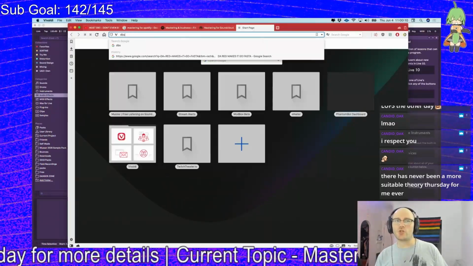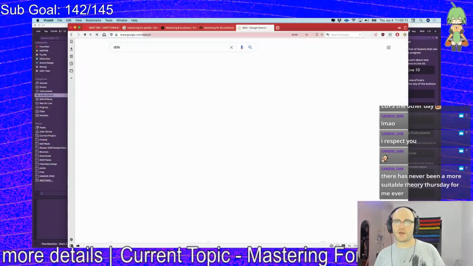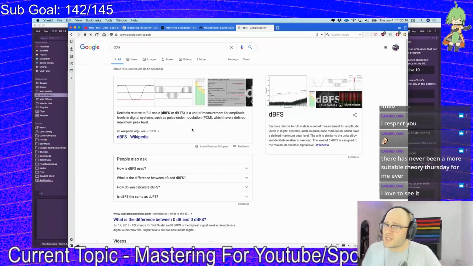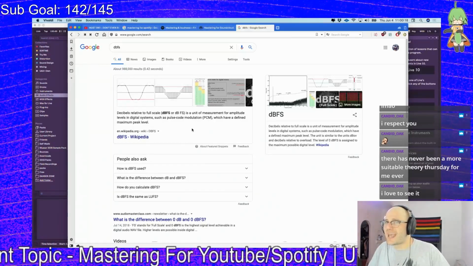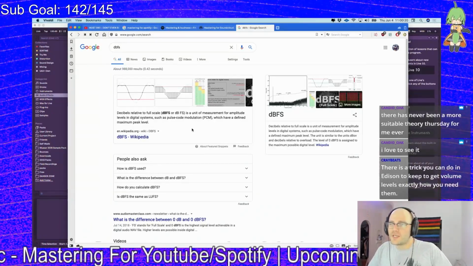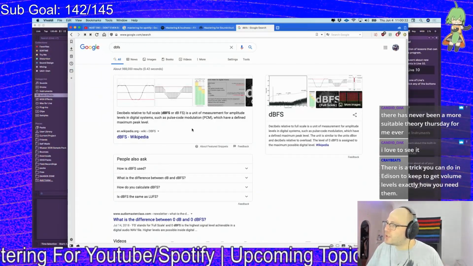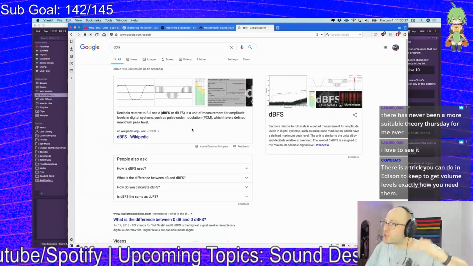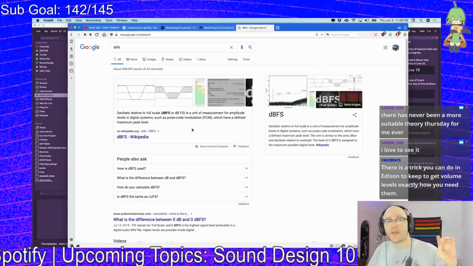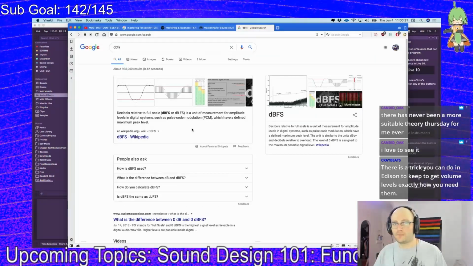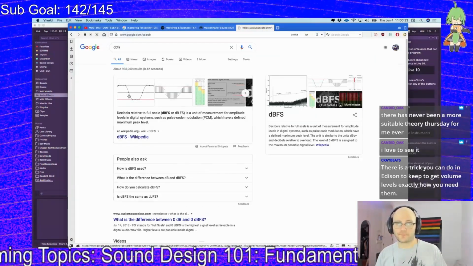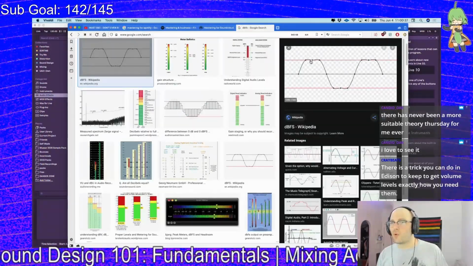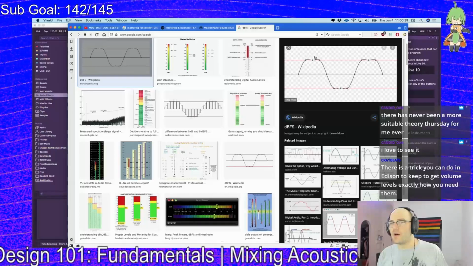I'm going to show you just two. First, there's dBFS, which stands for decibels full scale. This is a digital measurement of the amplitude of waveforms based on their digital signal, which is to say, we count these points, even if the waveform goes above.